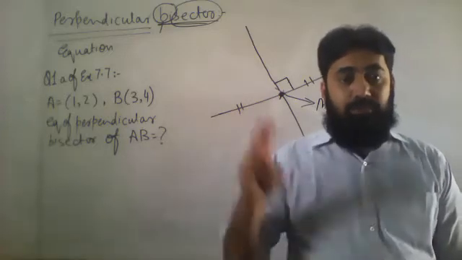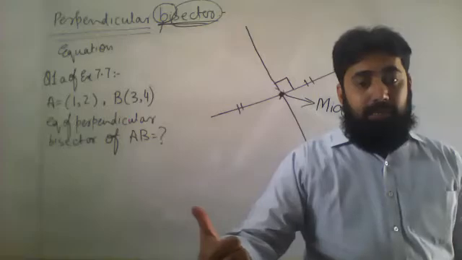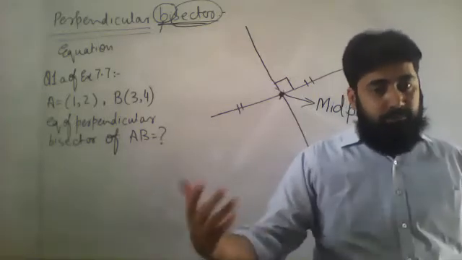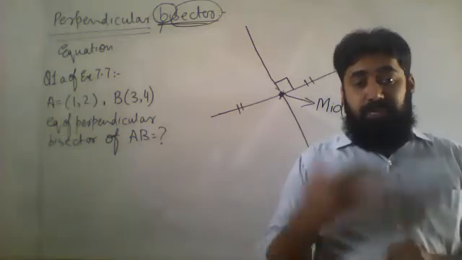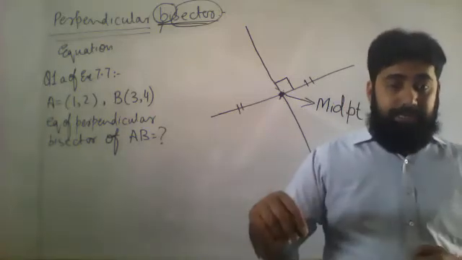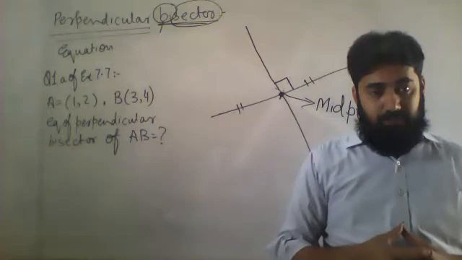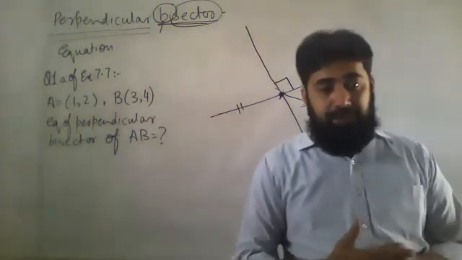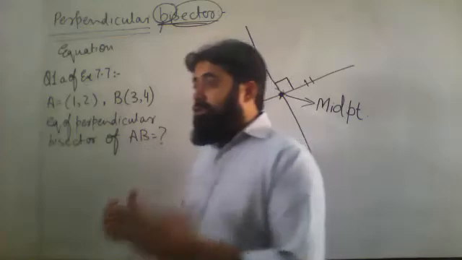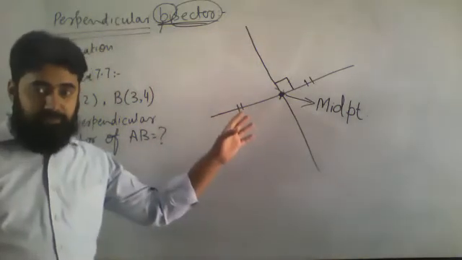Number two, one point and the gradient of the line. Then I can find the equation of the line. Or number three, if I am having a gradient along with the y-intercept, I can find the equation of the line. These are the three things which we have already done in previous exercises. So let's see what I can find in this scenario.